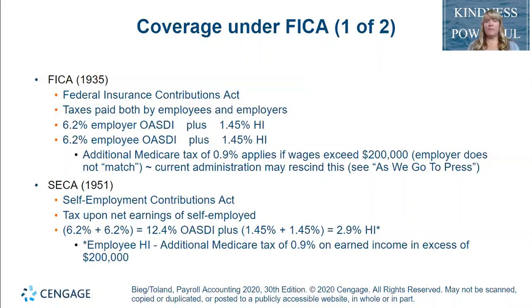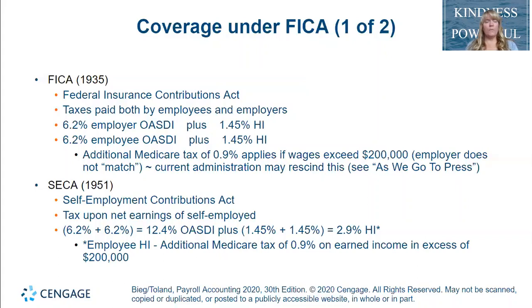And it's slightly different because FICA, which consists of both Medicare and Social Security, is for wages earned. SECA, on the other hand, is the net earnings of self-employment, which is earnings minus expenses equals your net earnings. So the self-employment tax is basically determined on the profitability of the company.